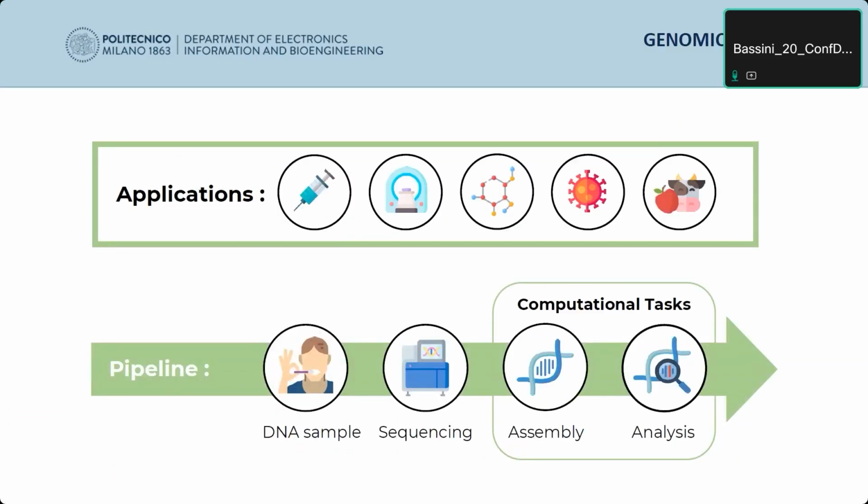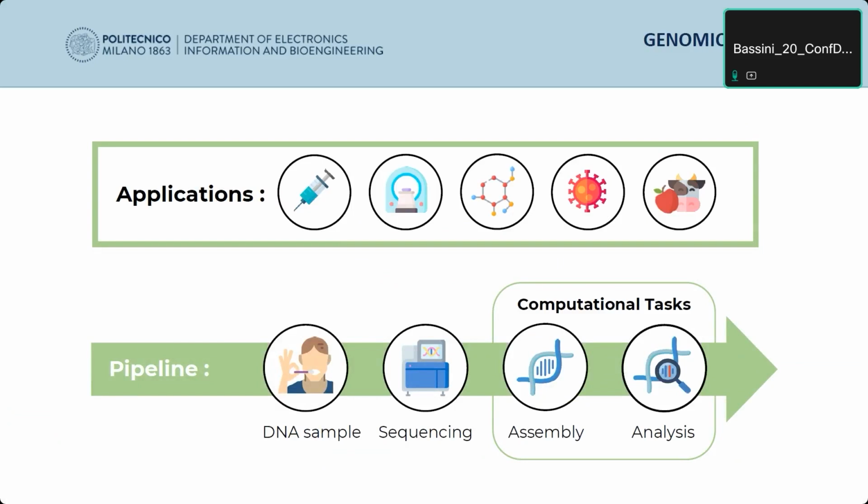Genomics has a lot of applications in many different contexts, ranging from personalized medicine, radiogenomics, metabolomics, agrogenomics, and many others. Despite this great amount of applications, the genomic pipeline is pretty much standardized.